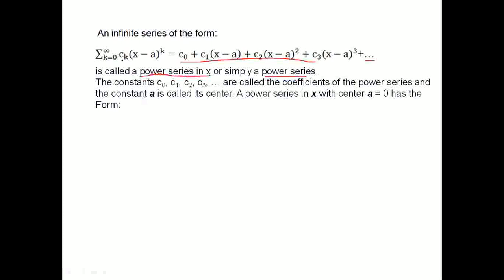And the constants c_k here, where the values of k range from 0 to infinity, you have c_0, c_1, c_2, c_3, and it goes on and on. So the constants c_0, c_1, c_2, c_3, and so on are called the coefficients of the power series.